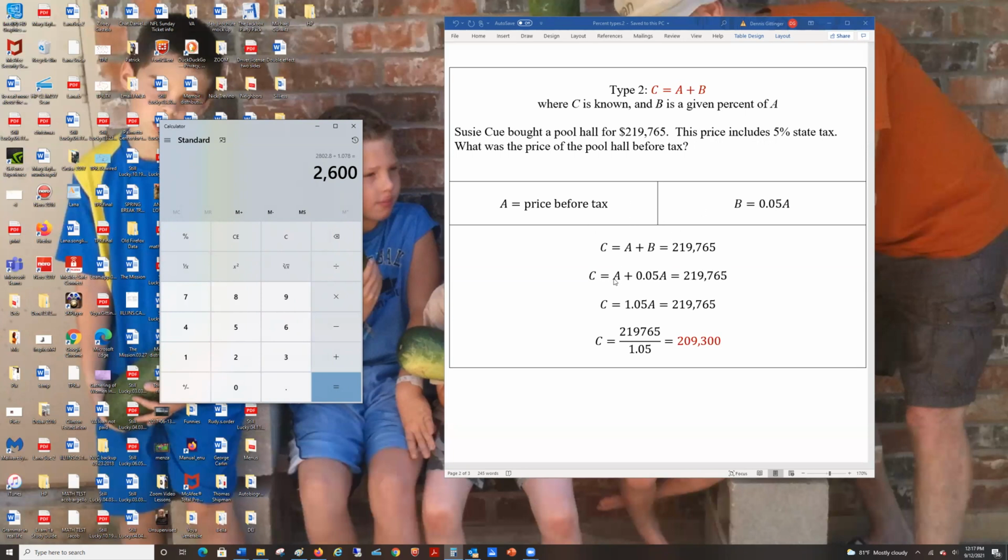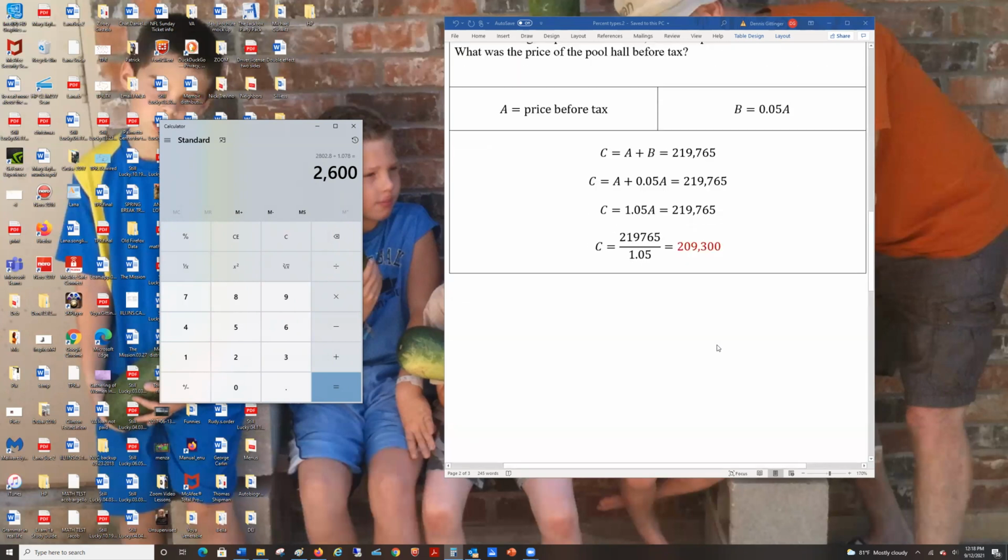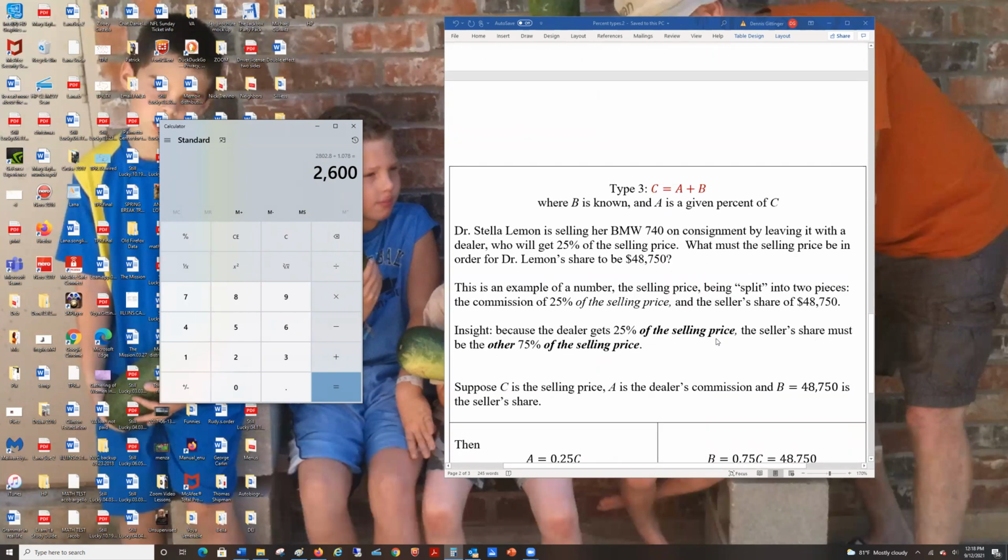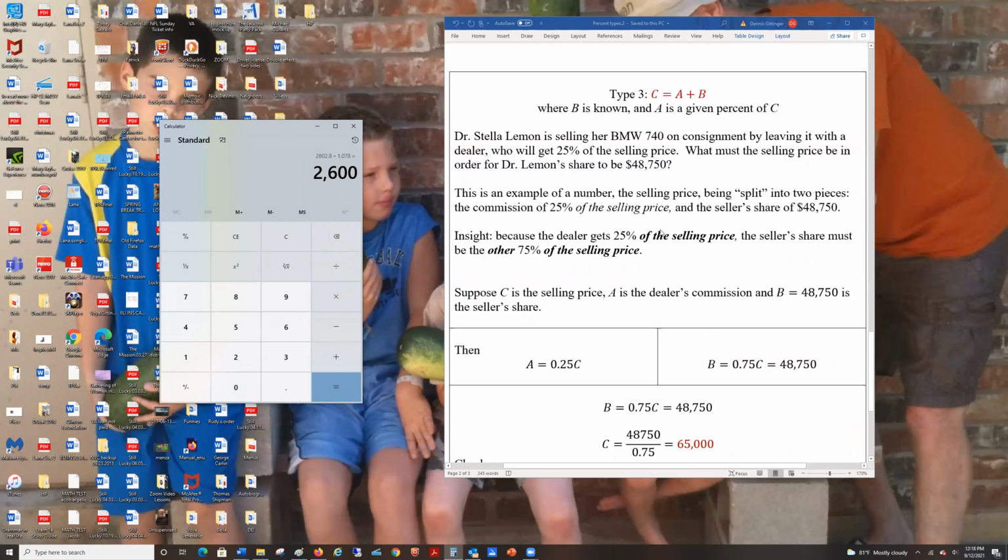Well, again, this is 1A plus 0.05A, because B is 5% of A, and this is 1.05 times the cost before tax. You divide that by 1.05 and you get $209,300.